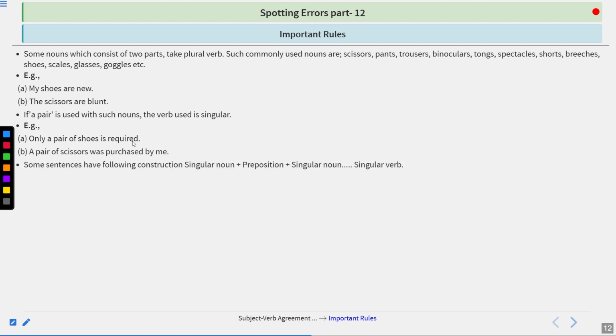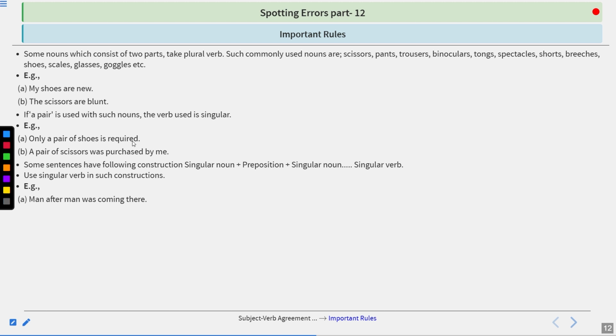Some sentences have the following construction: singular noun plus preposition plus singular noun. Use a singular verb in such constructions. Example, man after man was coming there.